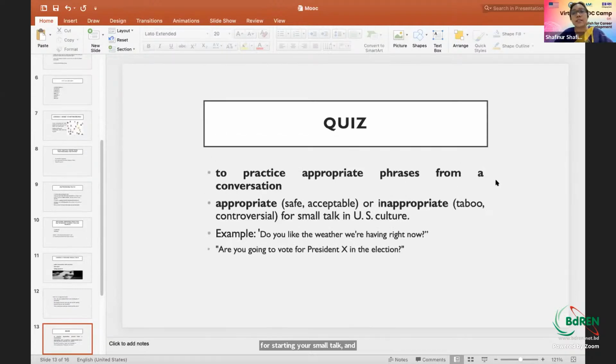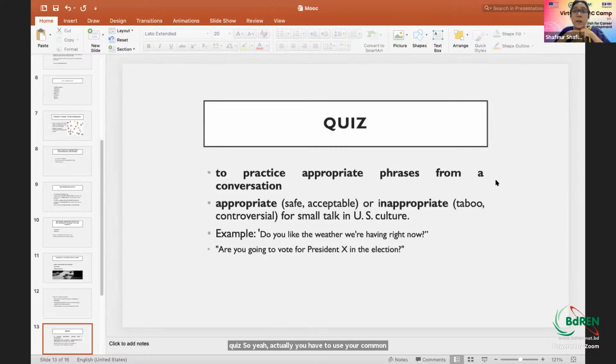And in this lesson, you will find a graded quiz, to practice appropriate phrases from a conversation. So which are appropriate and which are inappropriate, you can find from the quiz. Here you have to use your common sense.